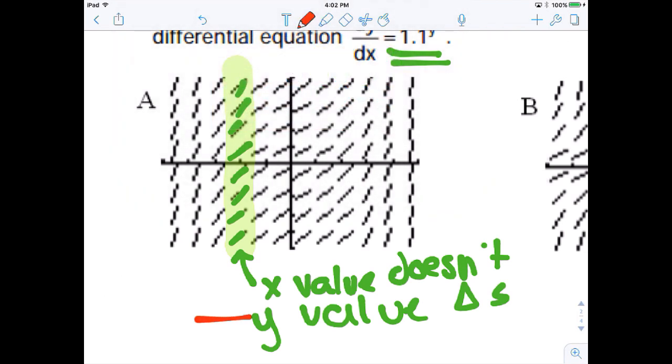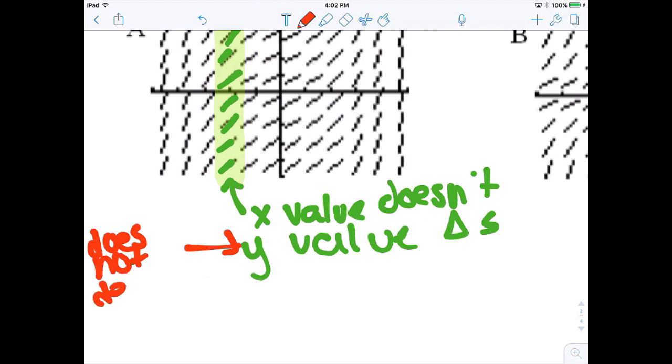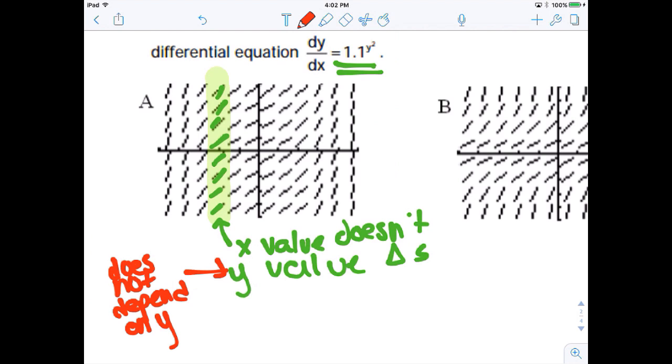If the y value is changing, but the slope never changes, then this does not depend on y. Because the x value doesn't change along that line, and my slope never changes. The y value does change, but my slope still doesn't change.